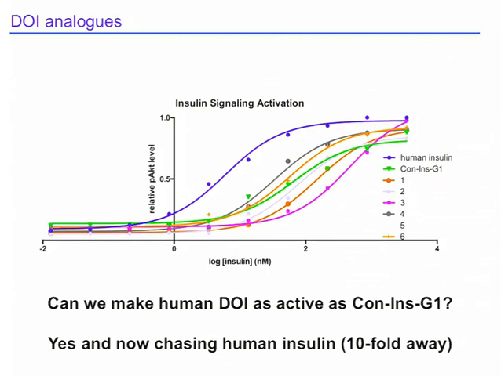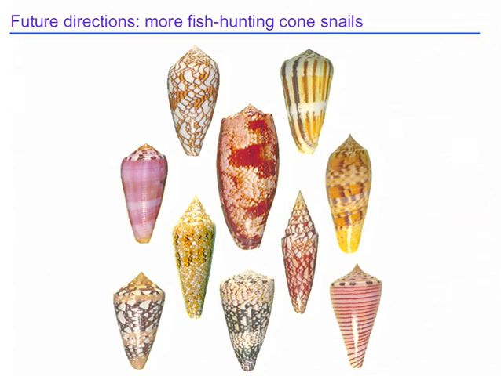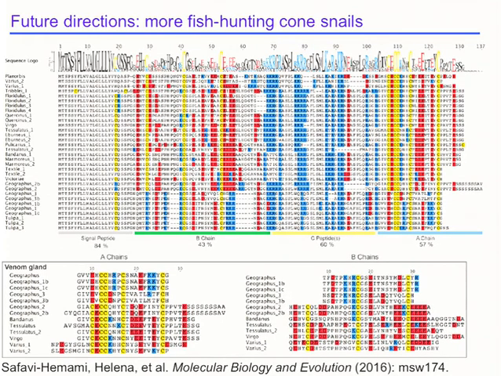And then we just try our best to further improve the potency. So where are we going right now? We have this wonderful collaborator, Toto Oliveira. They study way more cone snails, and there are way more species. They just published a paper in evolution with way more weird insulin-like sequences from cone snails, and we are trying to see whether we can make them.